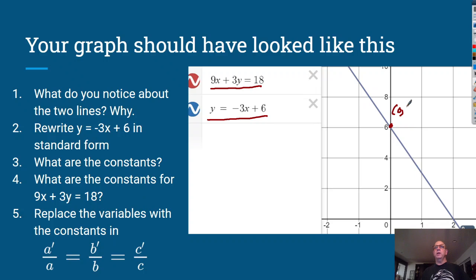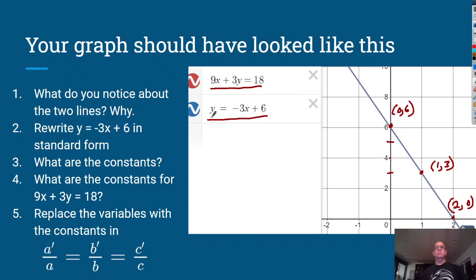The y-intercept was 0, 6. The x-intercept was 2, 0. And our slope was down 1, 2, 3, and over 1. So we were at 1, 3. All 3 points are on the same line. That means these two equations are exactly the same.